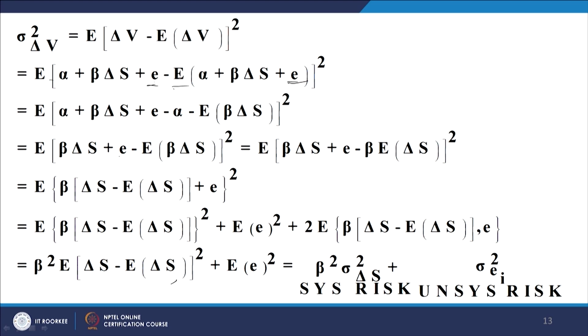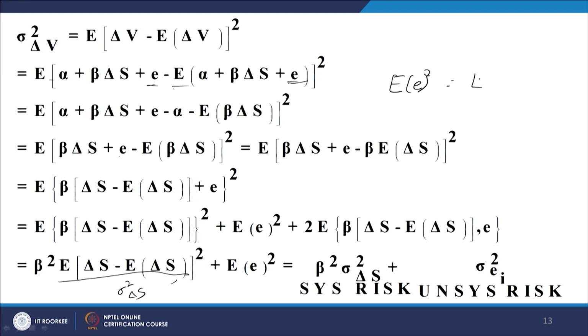So, beta square into E of delta S minus E delta S, squared, and this expression is nothing but the variance of delta S. And then there is the expectation of E square.